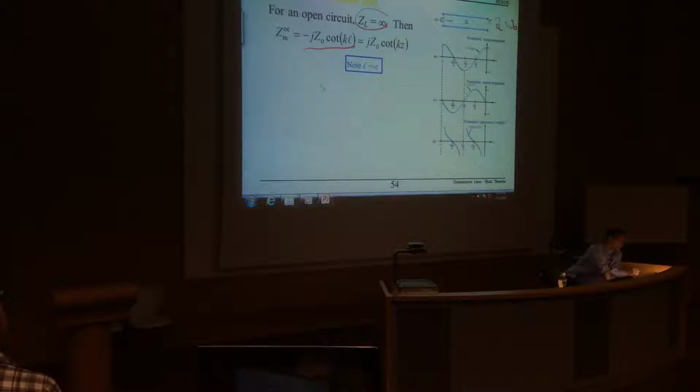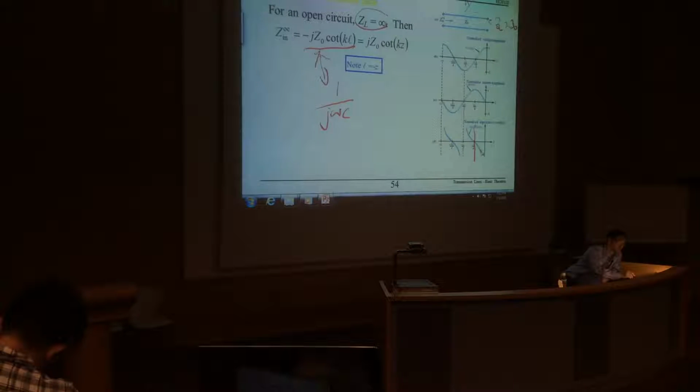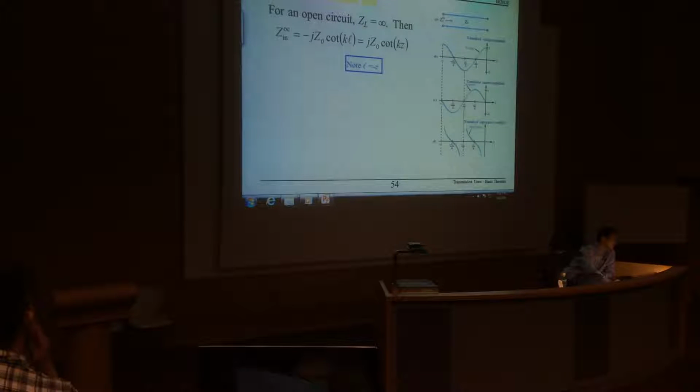For a capacitor, the impedance is 1 over jωC, so it's similar to this. For a short distance, meaning less than lambda over 4, below this zero, the input impedance is more capacitive.